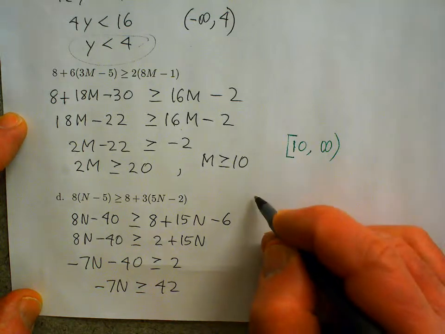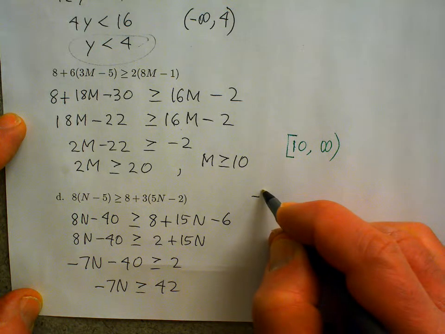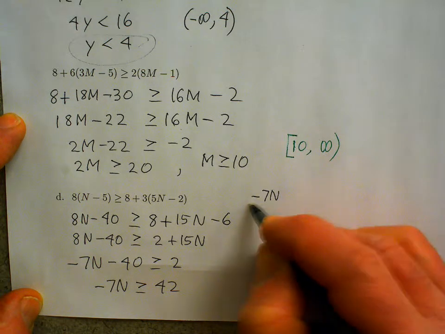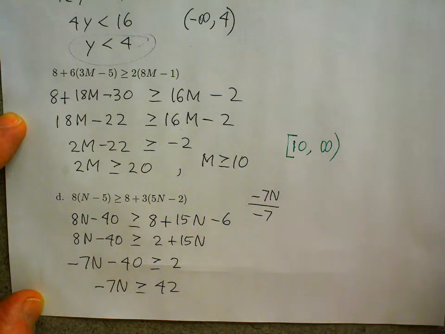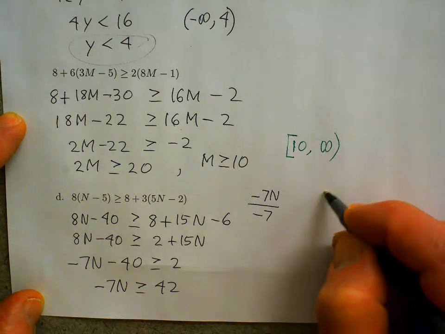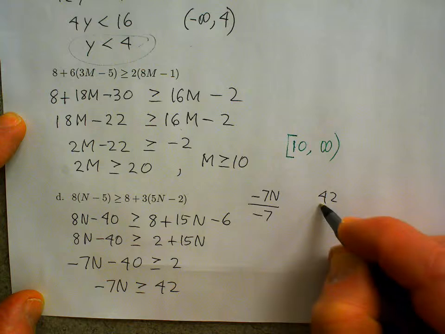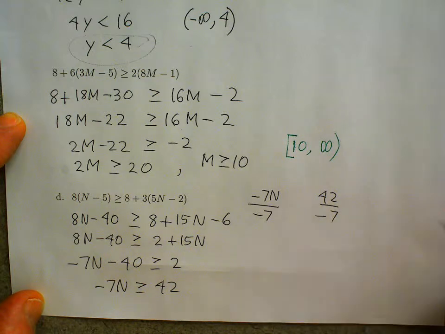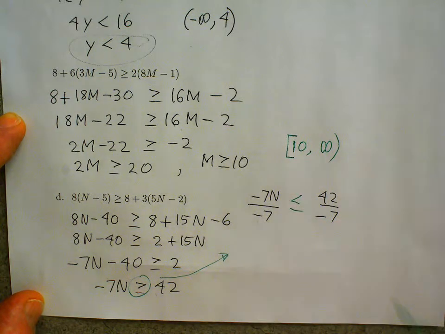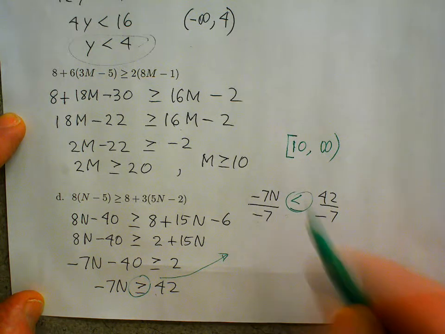So I'll write this in a little bit more detail: negative 7n divided by negative 7 on the left-hand side, and 42 divided by negative 7 on the right-hand side. Since we're dividing both sides by negative 7, we have to switch the inequality to less than or equal. So less than or equal.